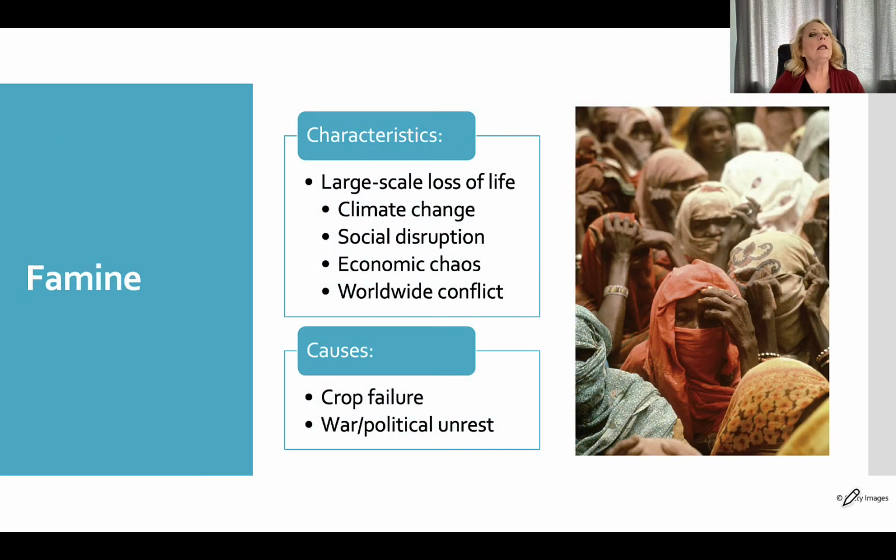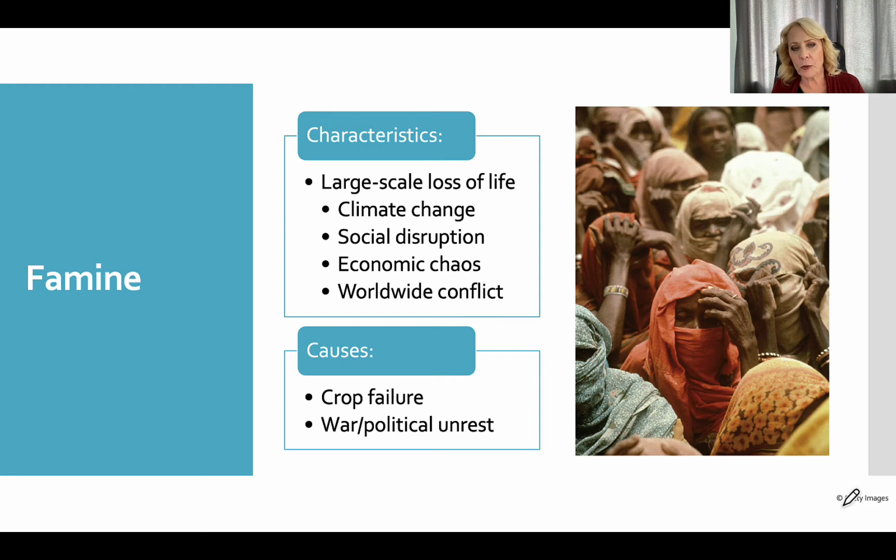Famine, this is something that is going to happen due to crop failure. Usually we see in countries that experience famine, there has been war, there are political issues. And when that happens, for instance, let's say you have a country like the Republic of the Congo.